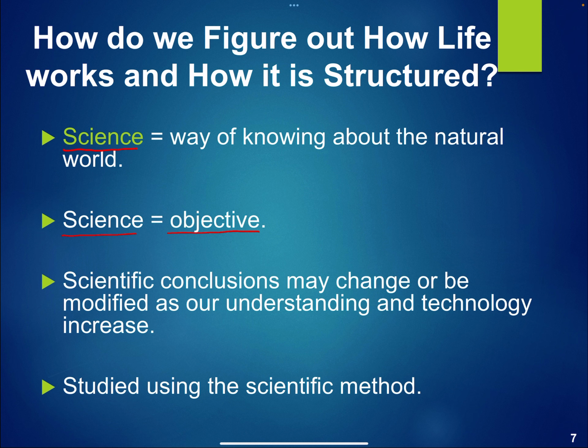Science allows us to reach conclusions, and these conclusions may change over time based on what we know at that time, based on the tools we have, right? Now, because of technology today, we are able to modify some of the knowledge we had and say we thought it was this way, now we know it is different, right?